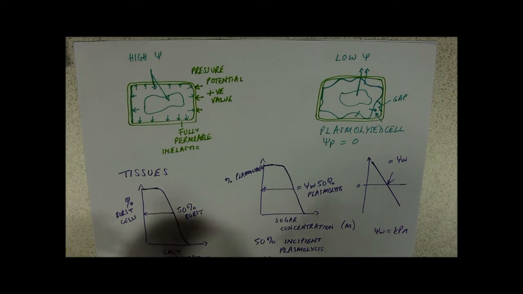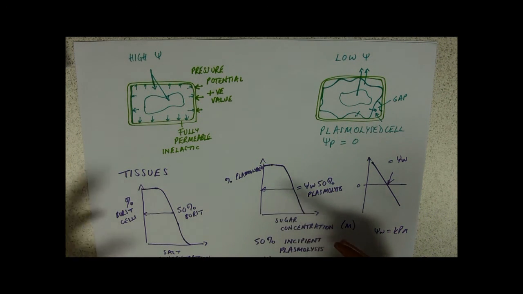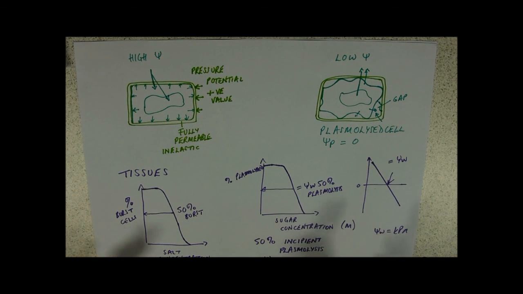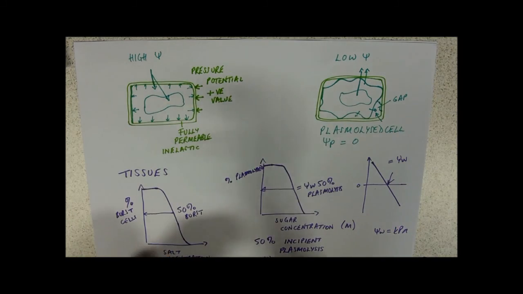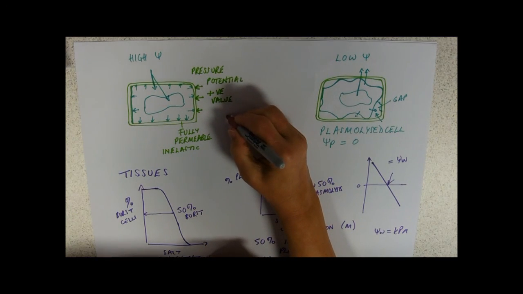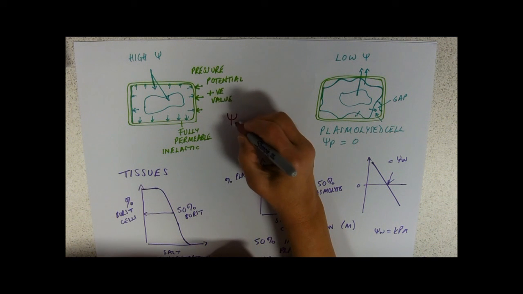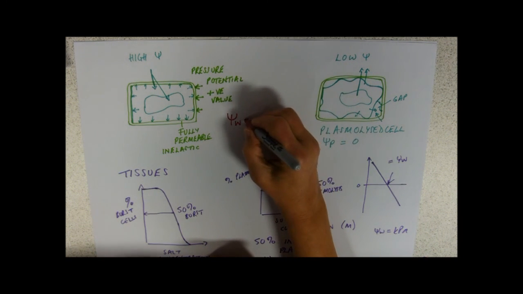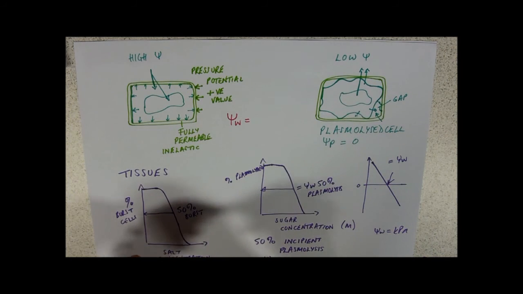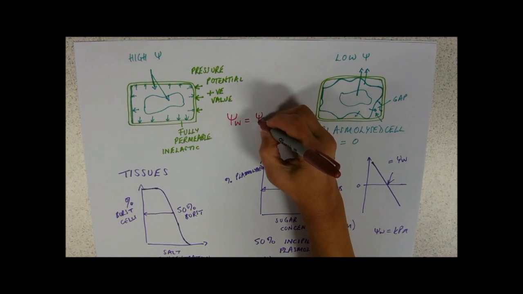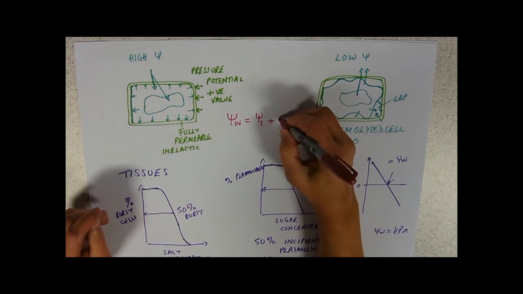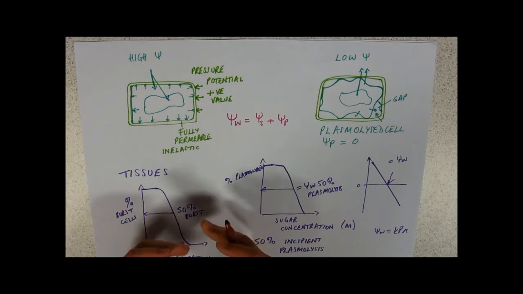So the cell wall alters the relationship, because the pressure will prevent more water entering even if you've got solute inside the cell. So we have another equation for plant water relations, which is the water potential of the cell is equal to the solute potential, which is negative, plus the wall pressure, which resists that.